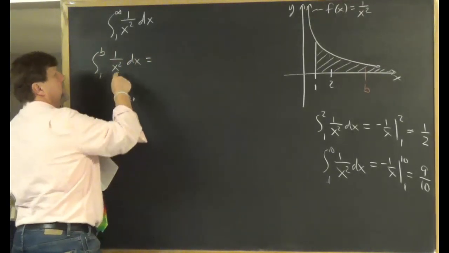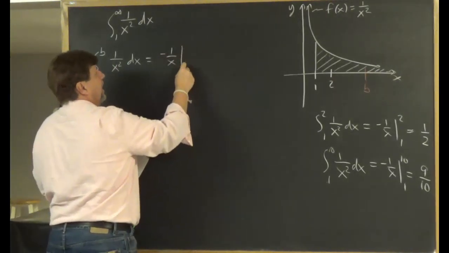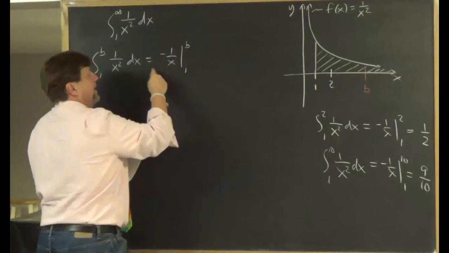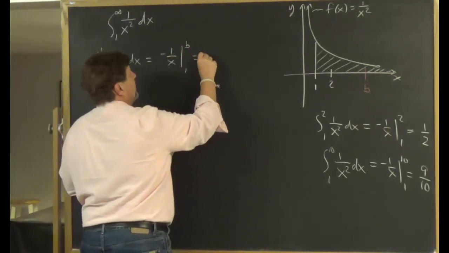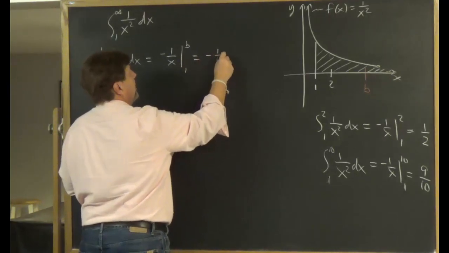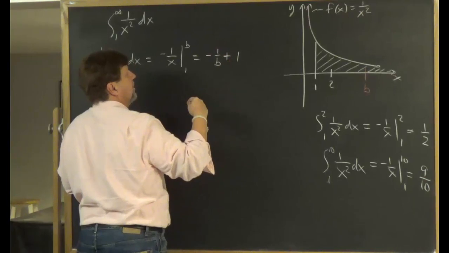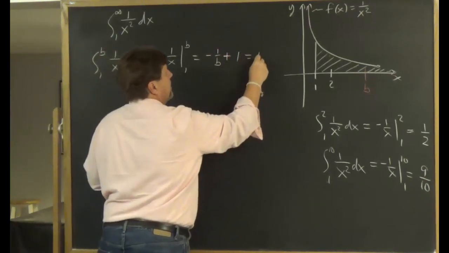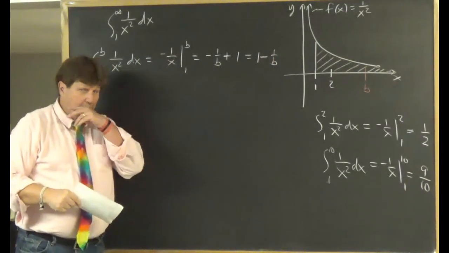We know the antiderivative of 1 over x squared. That's negative 1 over x. Evaluate that from 1 to b, so you get negative 1 over b minus a negative 1. Or you know what, I could think of that as being 1 minus 1 over b.